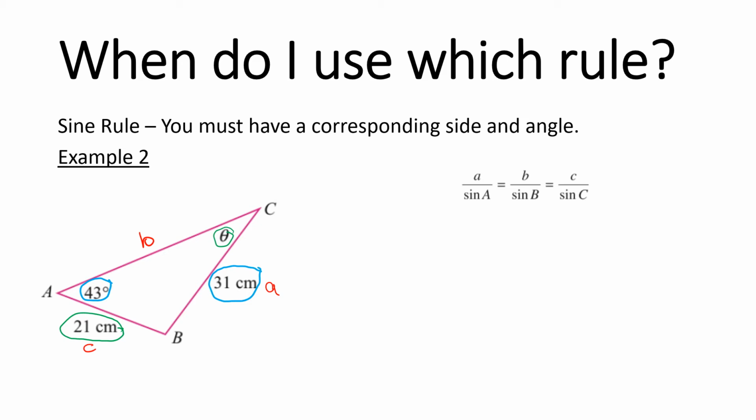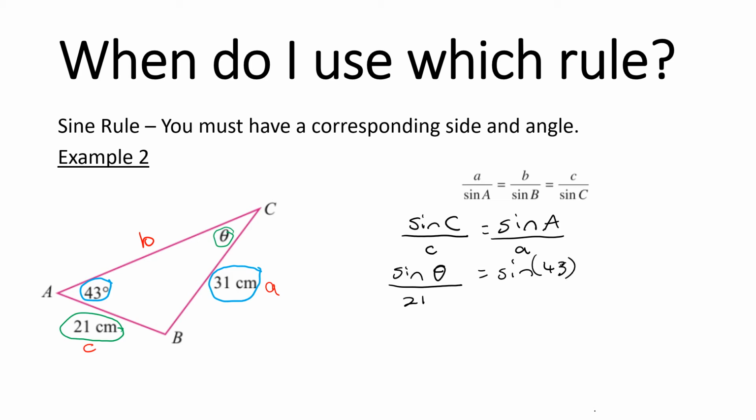This time we're going to use sine C, because we're trying to find angle C, over side B equals, and what angle do we have? We have sine A over A. So sine theta over 21 equals sine 43 over 31.